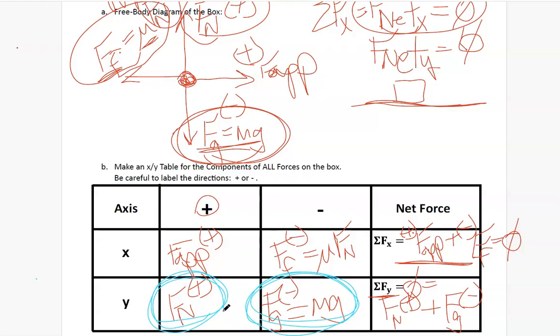Now, can we get the frictional force from that? Well, we don't have the coefficient of friction, so we can't. But we are given the applied force, and we know that the net force, both vertically and horizontally, is 0. What can that tell us?